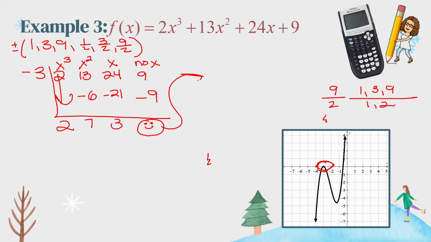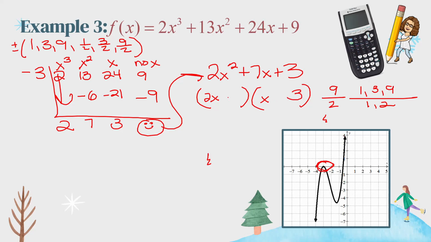Okay. Translate back to math. 2x squared plus 7x plus 3. And we got to factor that. So 2x and an x, a 3 and a 1. 6x, there we go.